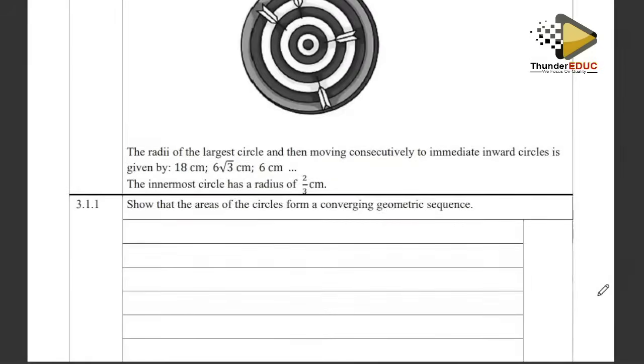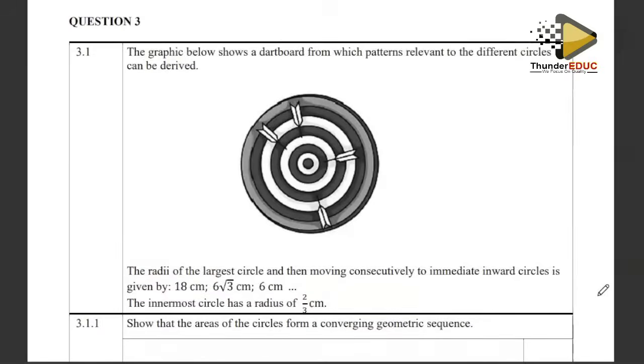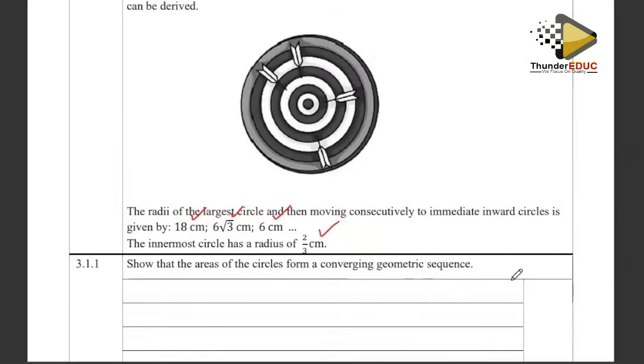The diameter of the largest circle, and then moving consecutively to the immediate inward circles, is given by 18 centimeters, 6√3, then 6, and then the innermost is 2/3 of a centimeter. Can we show that the areas of the circles form a converging geometric sequence?